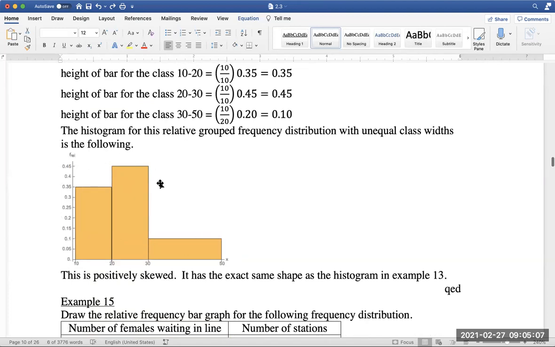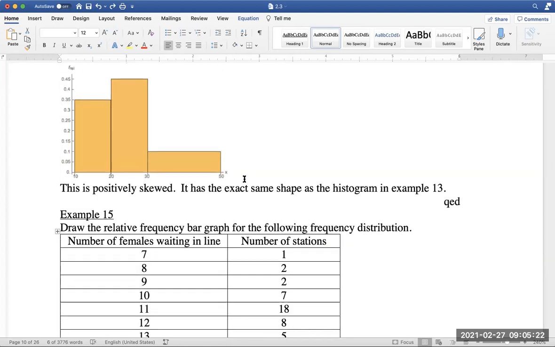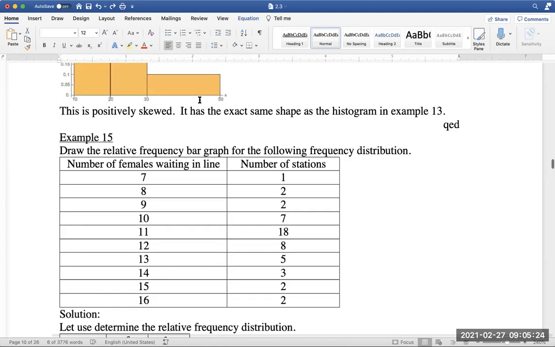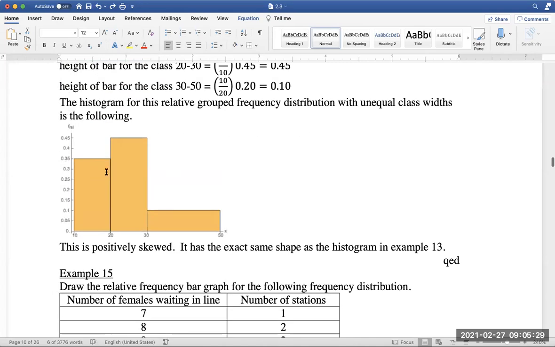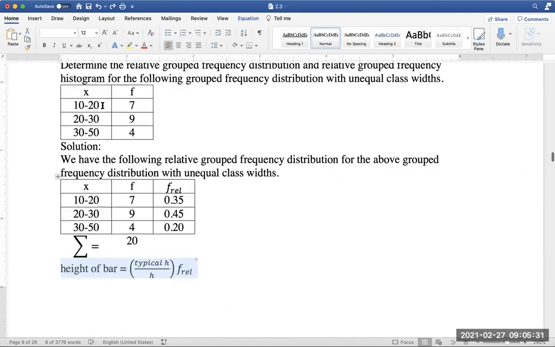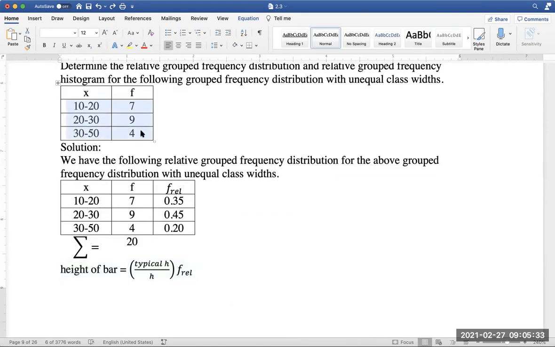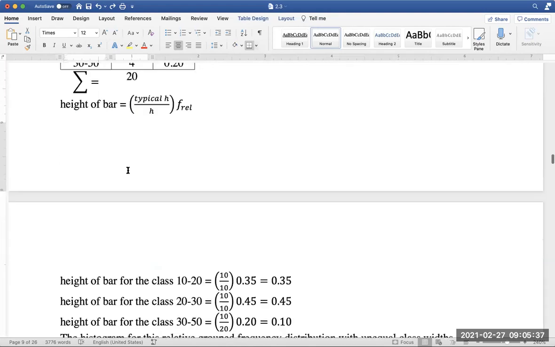In this case, it is positively skewed. This is a positively skewed distribution. The tail is to the right. Actually, we drew the histogram for this frequency distribution and had the exact same shape.